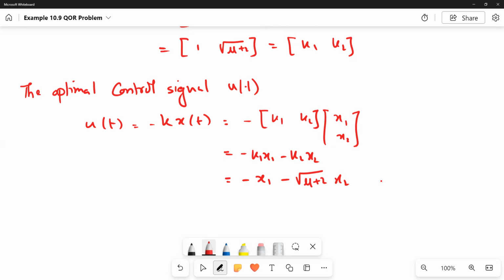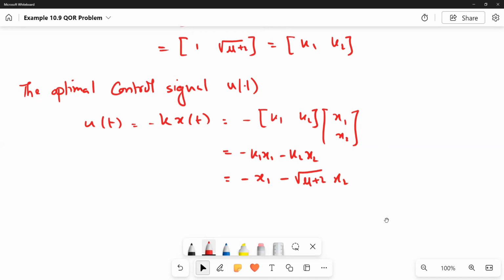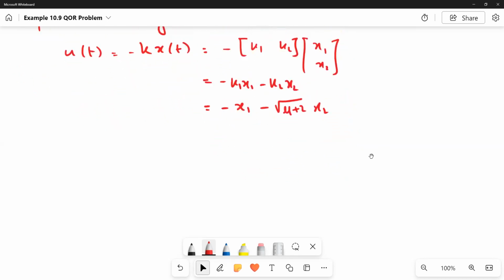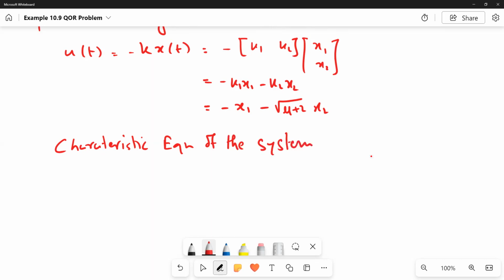Okay, so now we can figure out the characteristic equation of the system as well, because we have already figured out the K matrix.